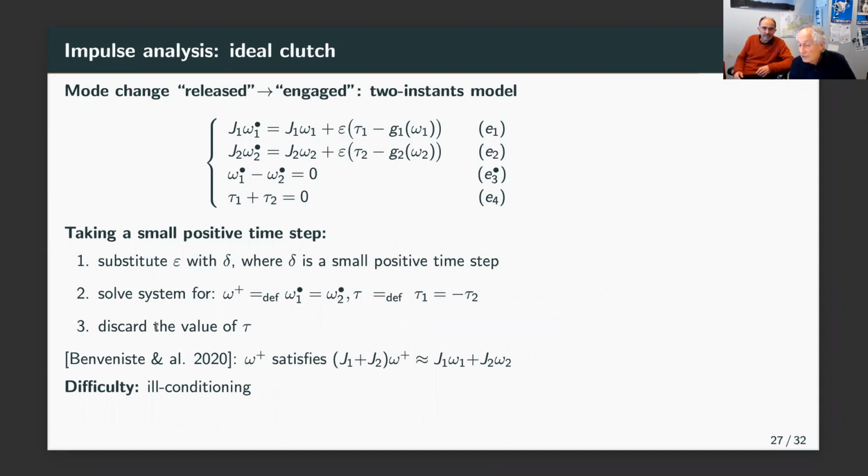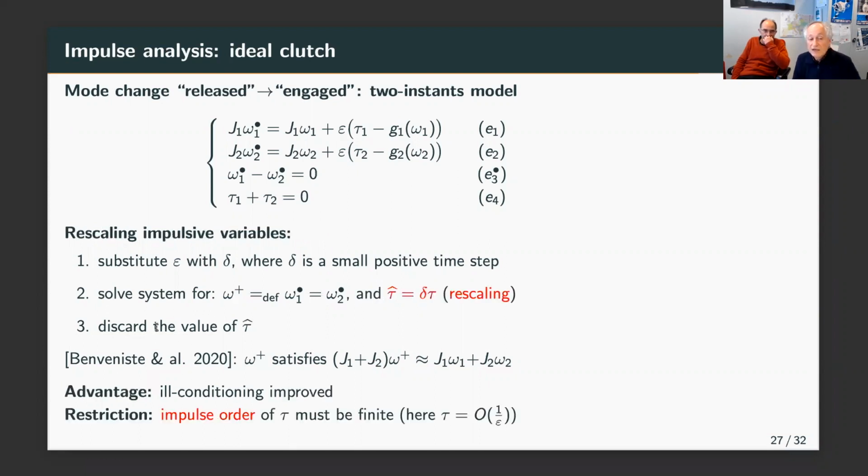Then an alternative consists in replacing the infinitesimal by something small and computing by brute force. As a difficulty, you get something that is poorly conditioned, which gives you stiffness in the solver, known to be a source of difficulty. And the other possibility is to rescale the impulsive variable, if you know the order of magnitude of how tau should be.